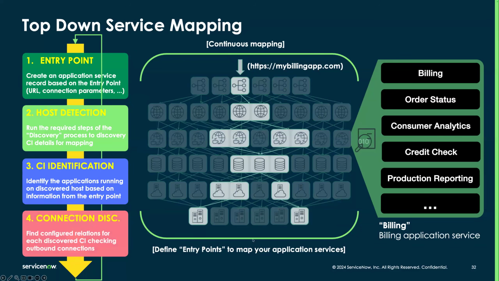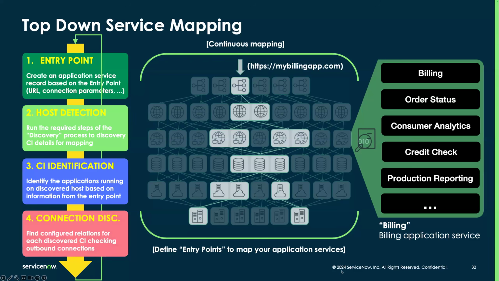And then the magic happens. We need to establish the connections. And this is exactly the stage that happens at the end after the CI identification. So the connection discovery will allow you to really find the configured relations of each discovered CI by checking the outbound connections.